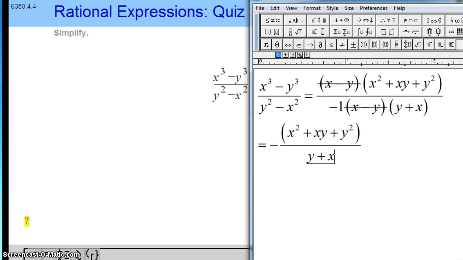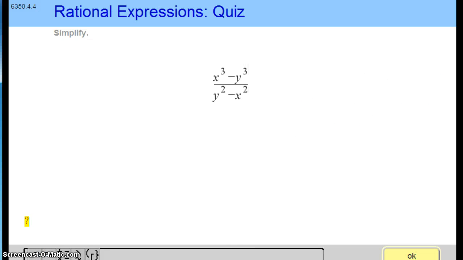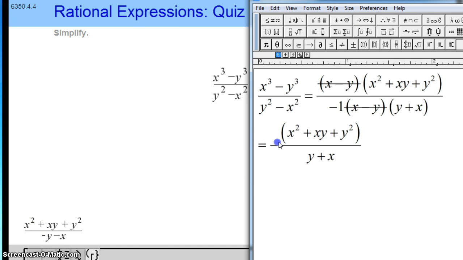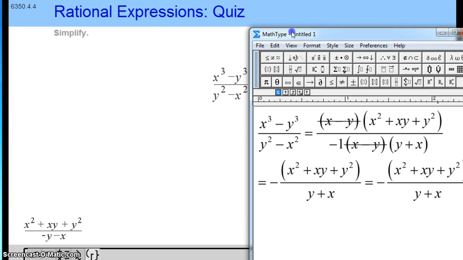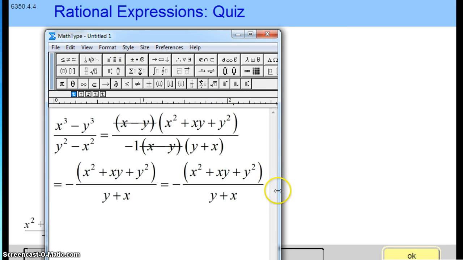Let's go ahead and show the correct answer. What they did is they distributed the negative into the denominator. That's perfectly fine. You can put this negative wherever you want. Just so you're comfortable with it, this is equal to a lot of things. Let me get this in full screen and expand it.